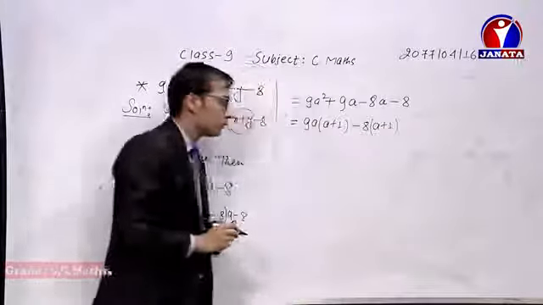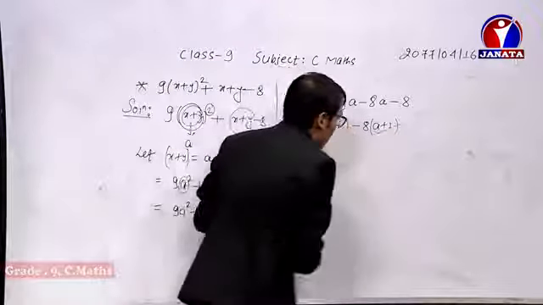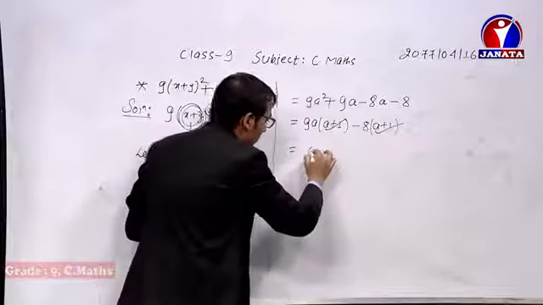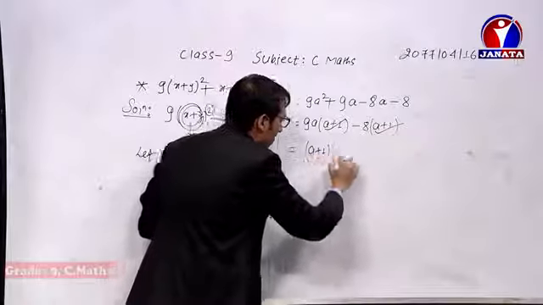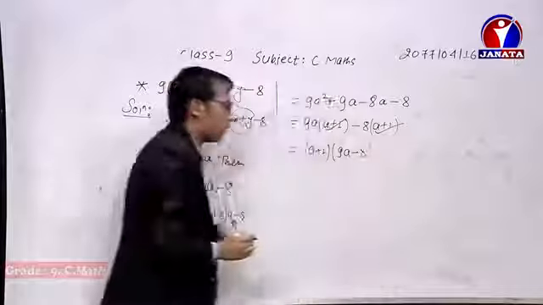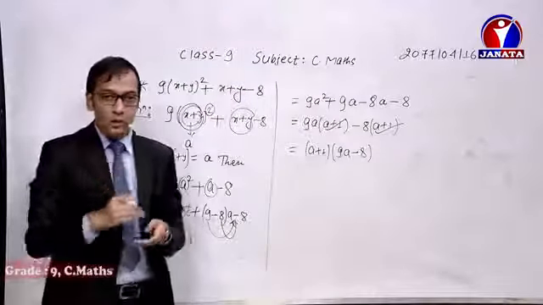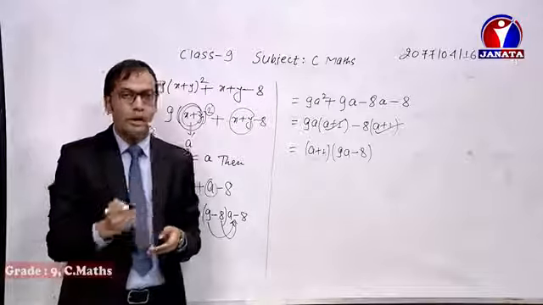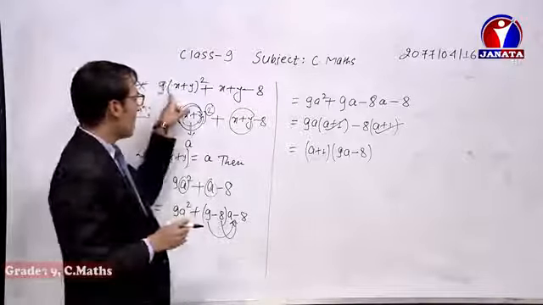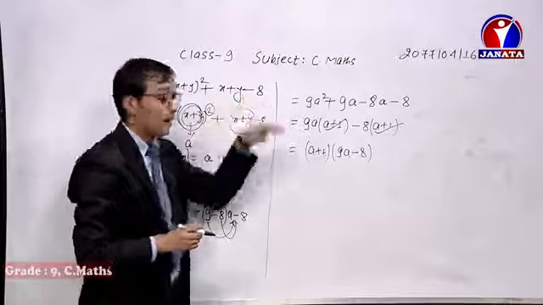a plus 1. We can again take the common here, a plus 1 is common. So what are the remaining terms? 9a minus 8. But these are not the final factors of 9 times x plus y whole square plus x plus y minus 8.